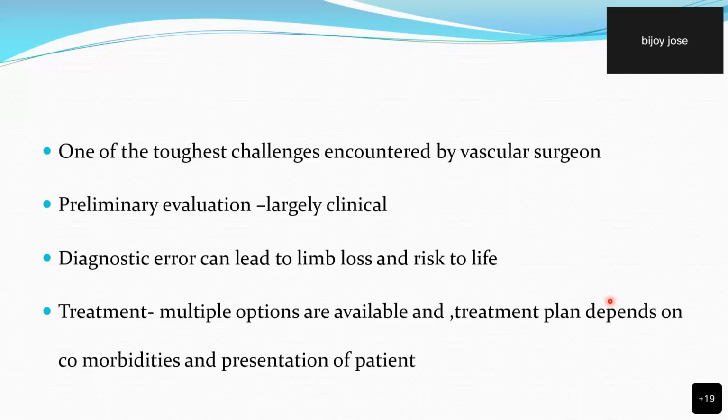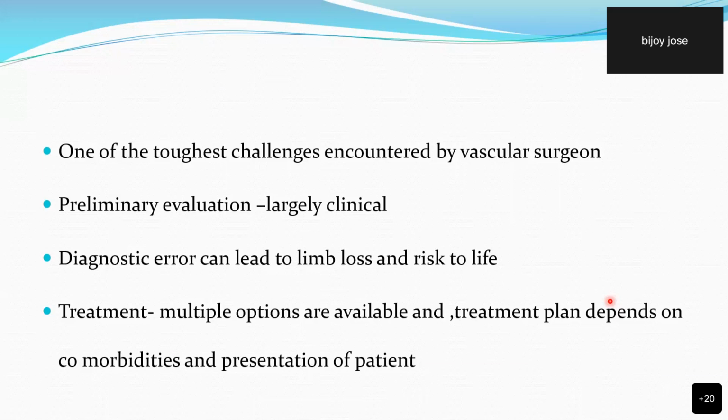If we are not able to find that this patient has an acute limb ischemia component, and if we don't intervene immediately, the patient can end up with limb loss or he can die. Multiple treatment options are available, and treatment plans depend upon the comorbidities and the presentation of the patient.